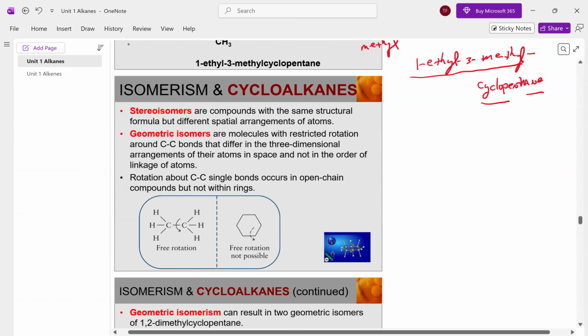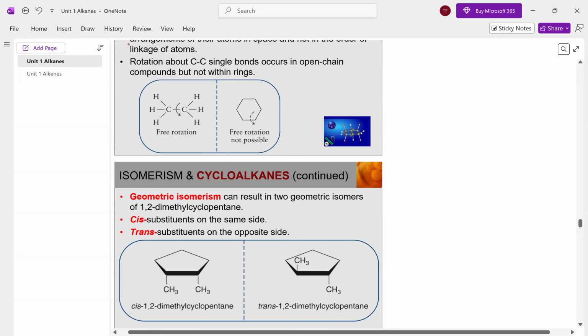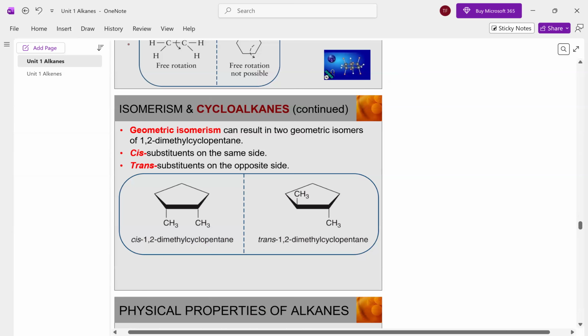Okay. Now I mentioned that carbon-carbon single bonds freely rotate, except cyclic compounds do not freely rotate. Also, double bonds don't freely rotate. But for alkanes, what we're talking about is they're rigid. So we can have these two compounds.